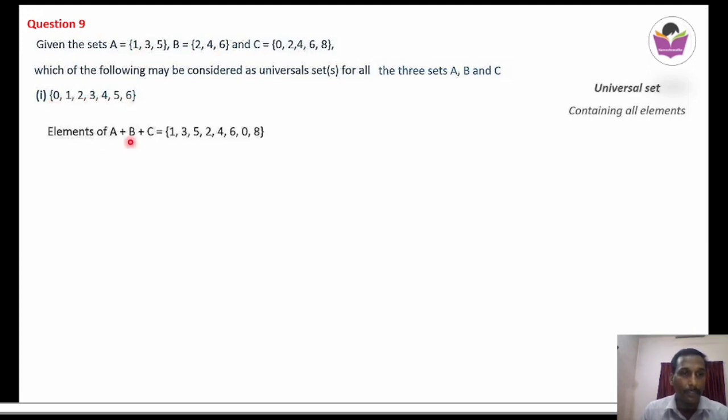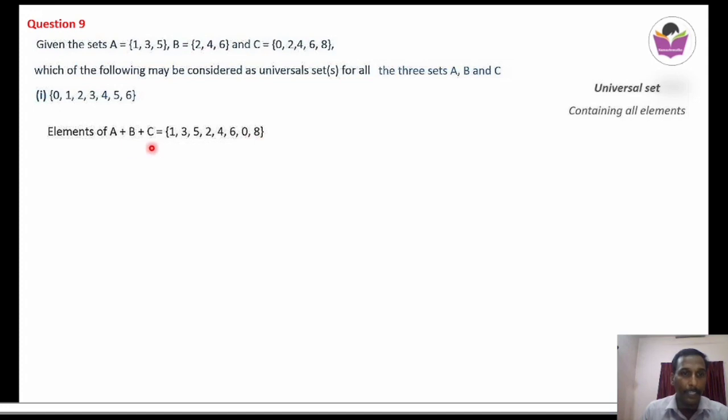Now we have to check the elements of A, B and C together. A, B, C together have 1, 3, 5, 2, 4, 6, 0, 8, each element taken only one time. 1 is there, 3 is there, 5 is there, then 2, 4 and 6 are there. 2, 4 and 6 we have taken before, so 0 and 8, which we didn't take before, are included.